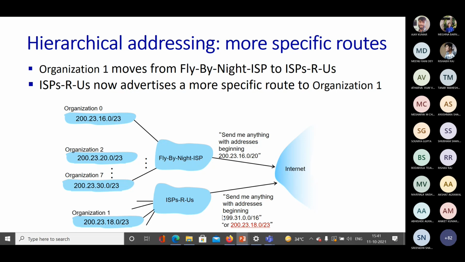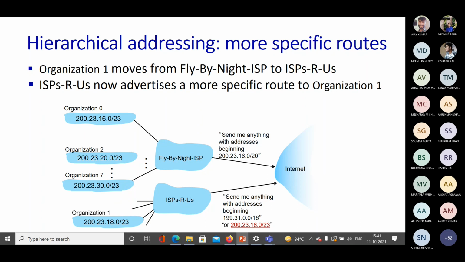Instead of just advertising the first chunk of addresses it had, 199.31.0.0, it also advertises the address space of organization 1, 200.23.18.0/23. So anything sent with these two addresses it can serve.